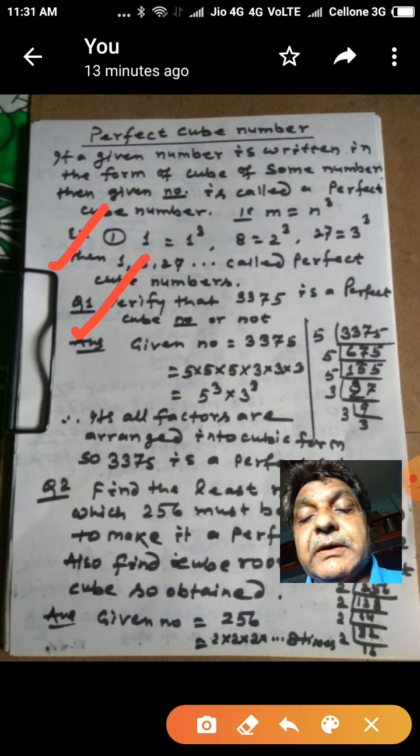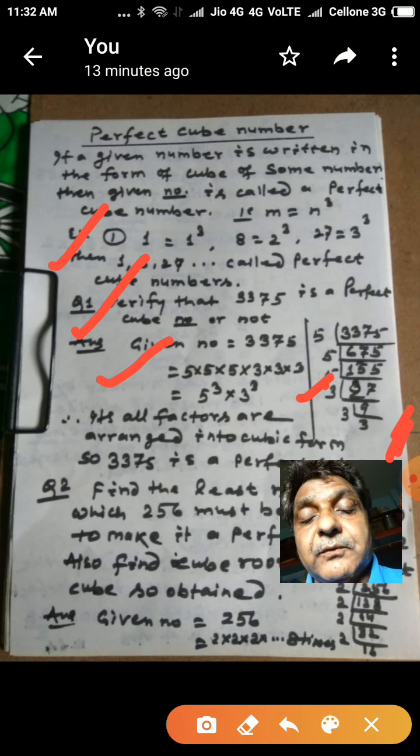For this we write the given number 3375. Now in the margin we have taken its prime factors, and then we have written them in the next step. Now we will arrange these prime factors into 3 power, that is cube power, and we see that all the factors are arranged as 5 cube into 3 cube.